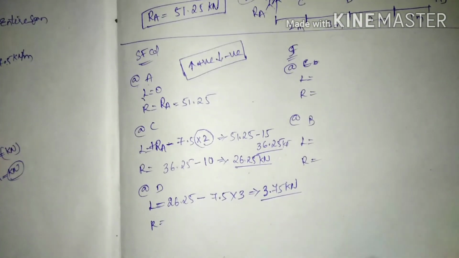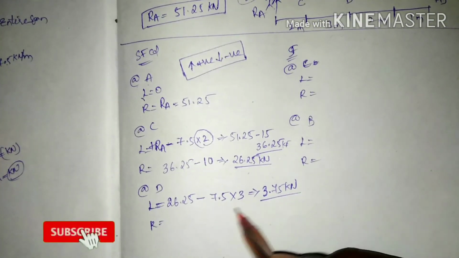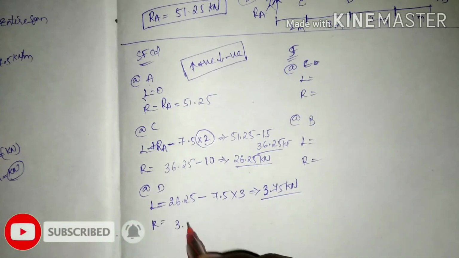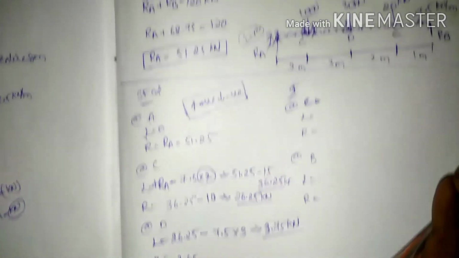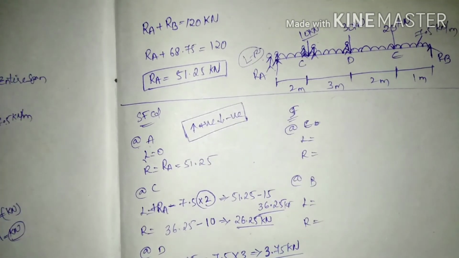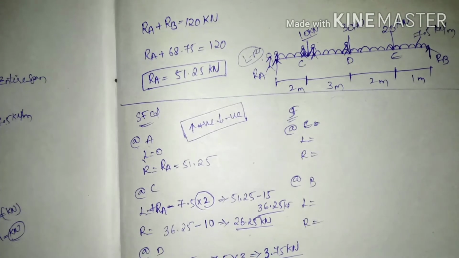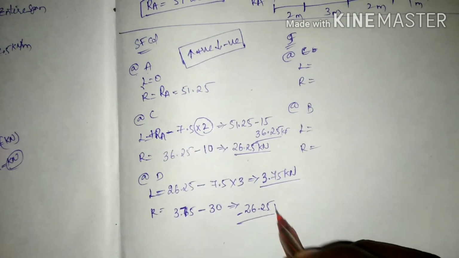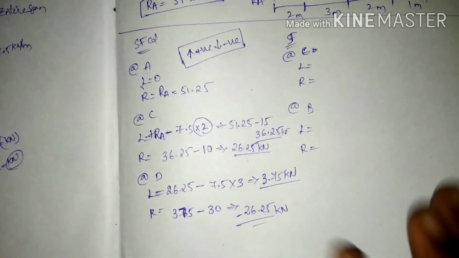Similarly, up to the left we are having 3.75. After the right we are having a point load of 30 kilonewtons that will be added here with a negative sign because it is in the downward direction. The value will be minus 26.25 kilonewtons in the negative direction.